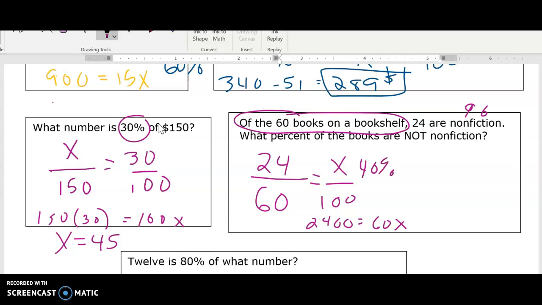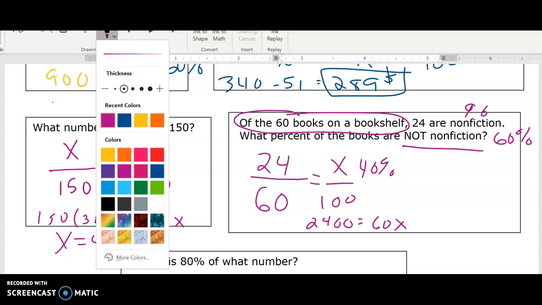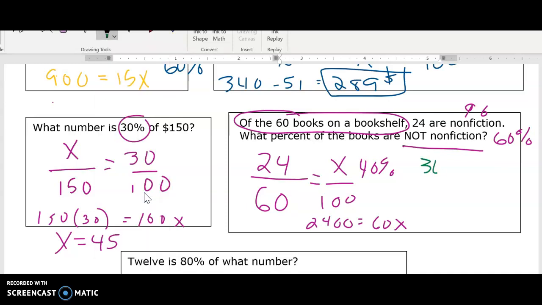Well, if 40% are nonfiction, not nonfiction would be 60%. Okay. I also could do it this way, where if I have 24 that are nonfiction, then the rest are not nonfiction. So it would be 36 out of 60 equals x over 100.